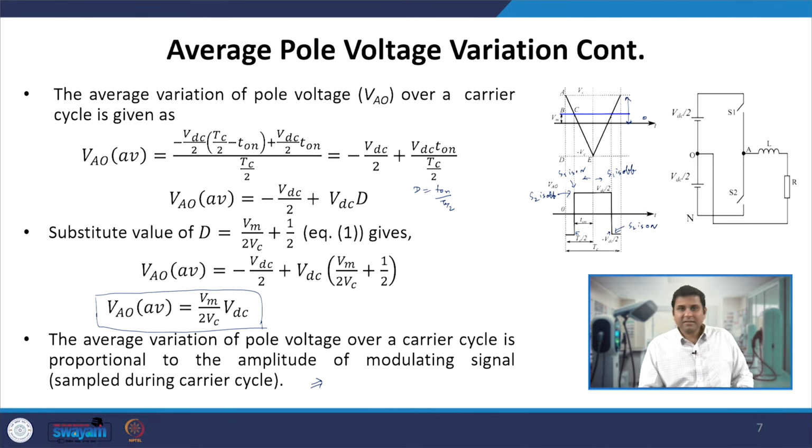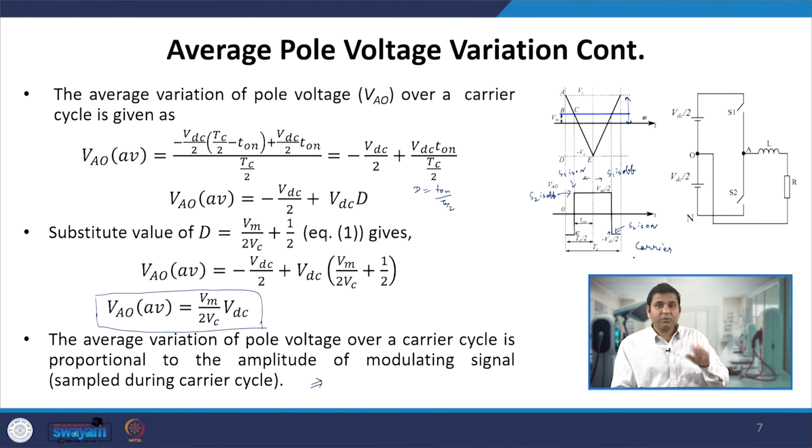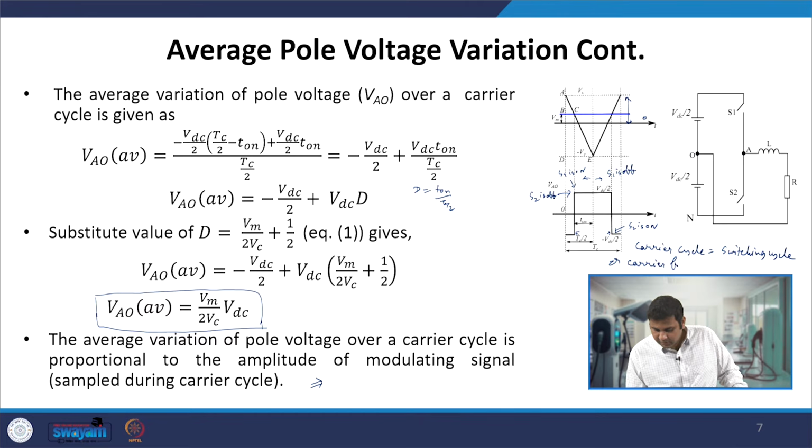So, in one carrier cycle my switches change their state, and that is when we can say that, in this particular scenario, when we have this kind of carrier, the carrier cycle is nothing but equal to the switching cycle, and we can also say that the carrier frequency is nothing but equal to the switching frequency in this particular way of doing modulation.